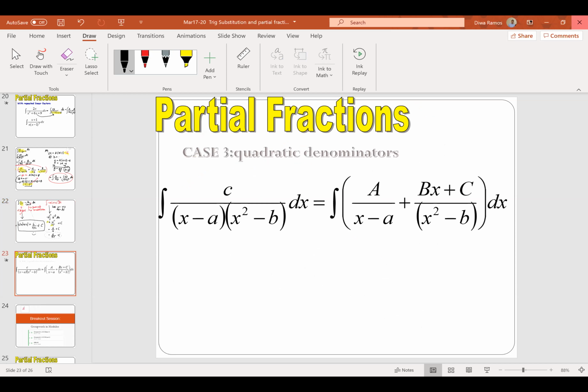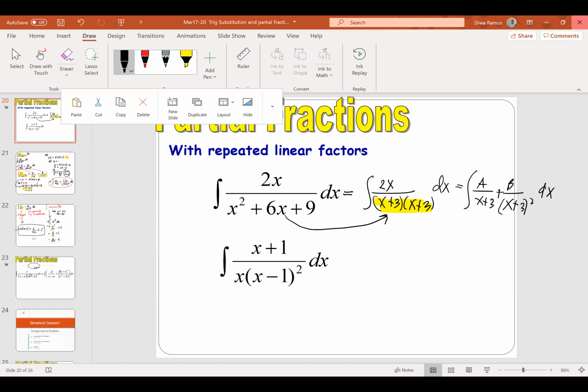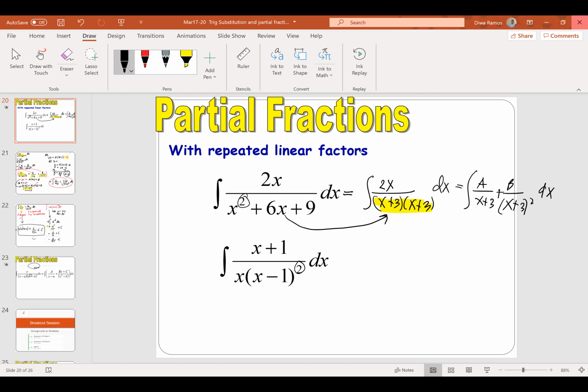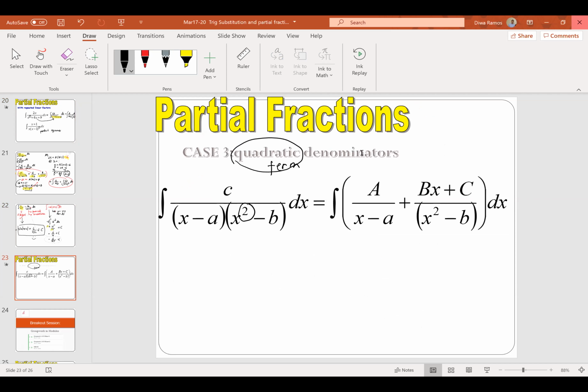So the third case is you have a quadratic denominator, as you could see there, a quadratic term. Because you might say, isn't this one quadratic anyway, Mr. Ramos? Like this guy over there and that guy. That's true, but they are perfect square trinomials. You can write them as something squared, so they're perfect squares. Now, the third case doesn't have a perfect square. It's just a quadratic term.